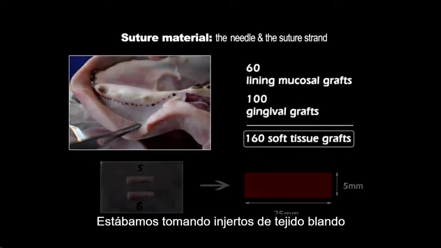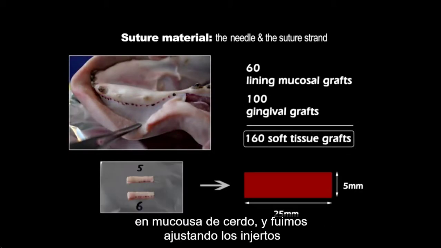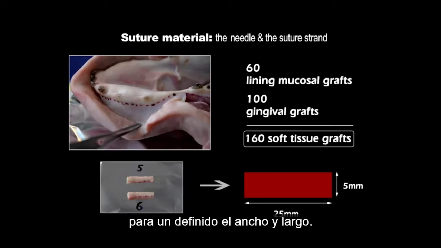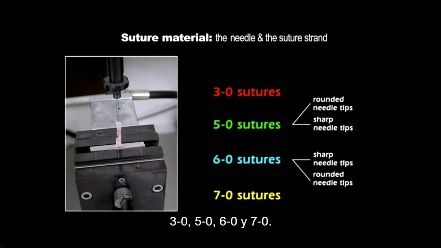We were harvesting soft tissue grafts in pig mucosa, and we were trimming the grafts to a defined width and length. Then we were attaching these grafts in an apparatus of a Swiss textile company with different diameters of sutures, 3-0, 5-0, 6-0 and 7-0.